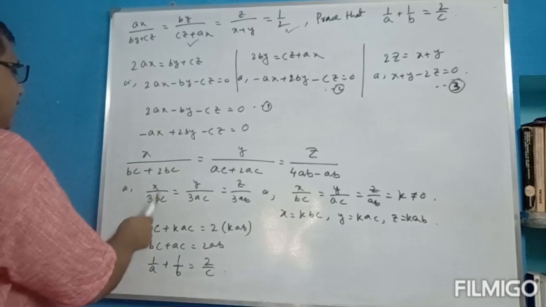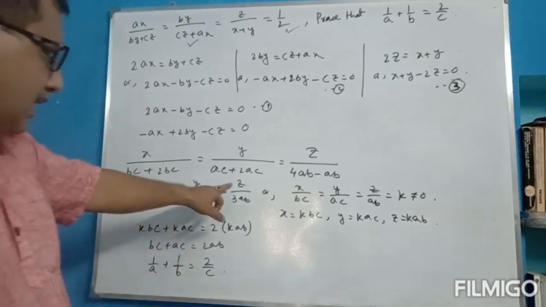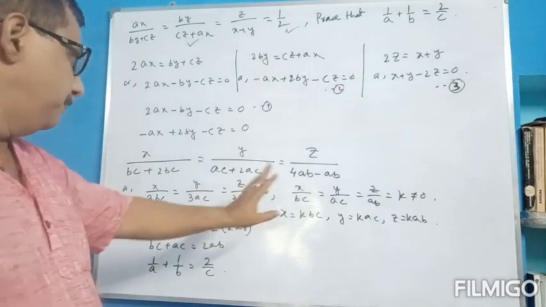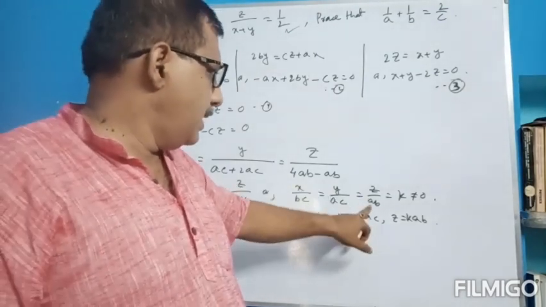So it is x by 3bc, y by 3ac, and z by 3ab. 3 cancels out. x by bc, y by ac, z by ab.